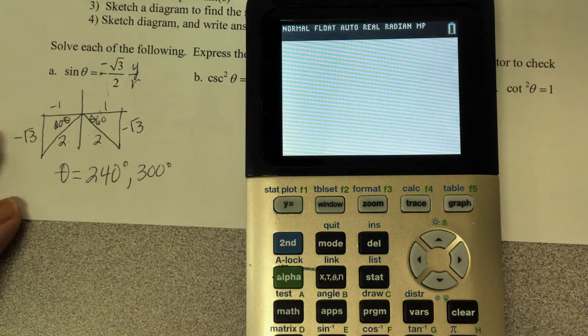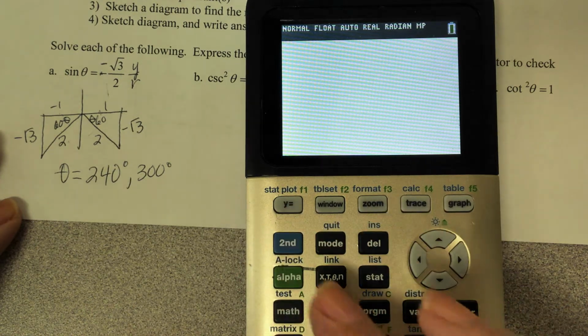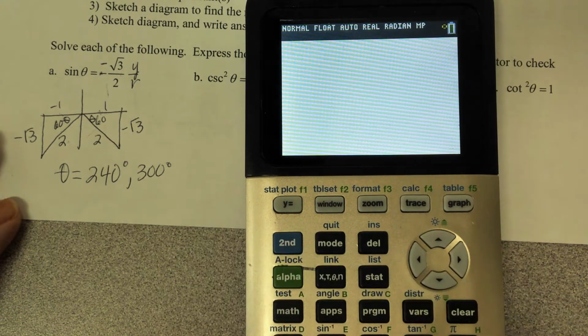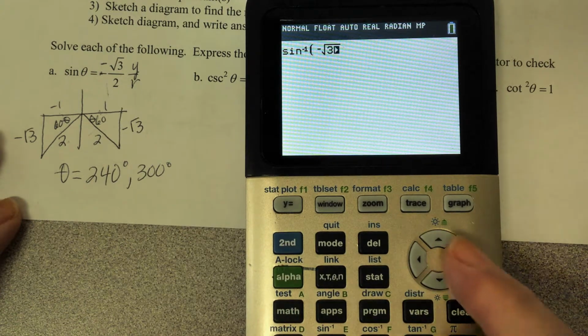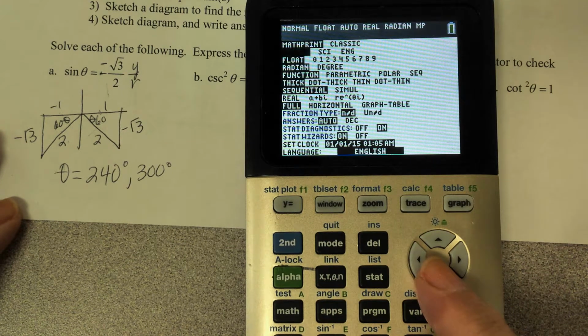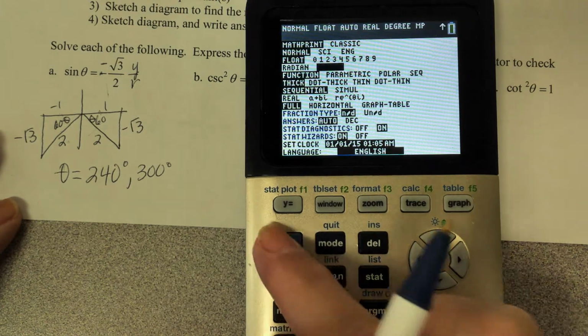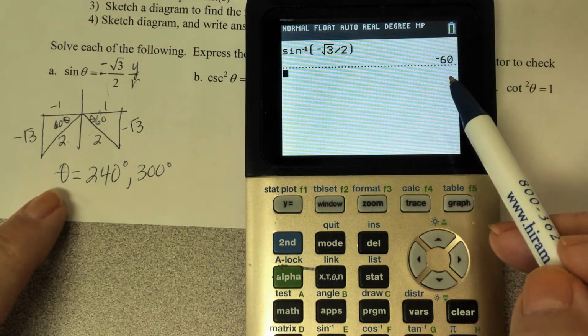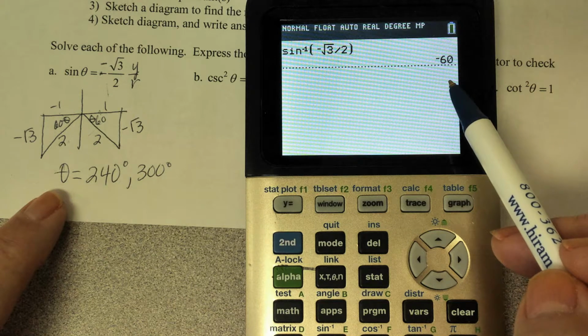Now I want to show you something because a lot of times people are like, why can't I just do that on the calculator? But look at what the calculator does. If I do second sine of negative radical 3 over 2. Oops, I also need to be in degrees. But watch what it gives me. Negative 60. Is negative 60 in between 0 and 360?